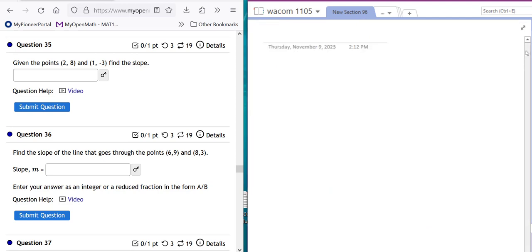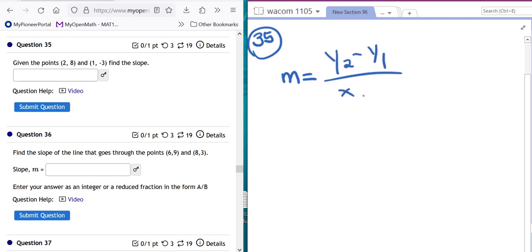So this moves into graphing, and this formula you need to make sure that you know. And since you can have notes on this one, you could write it down. It is for slope, and slope is your change in y's over your change in x's, and I would label every point. So 2, 8, and 1, negative 3. So this is going to be x1, y1.